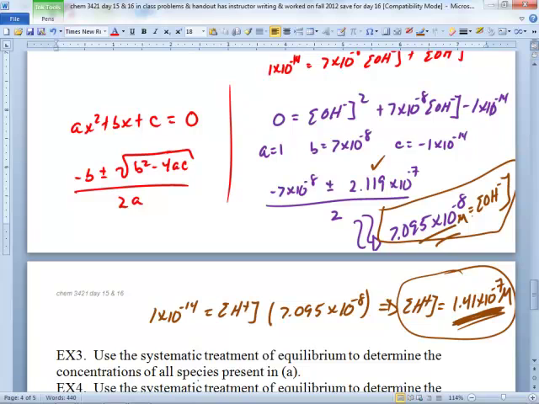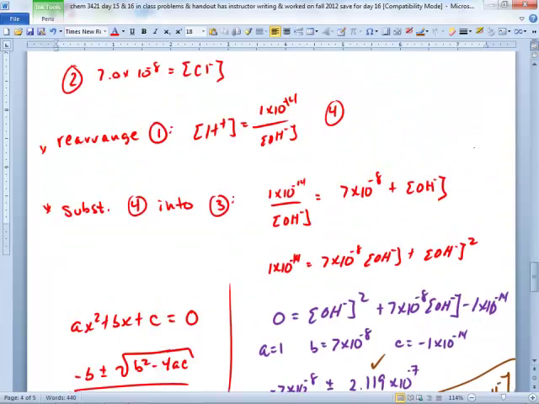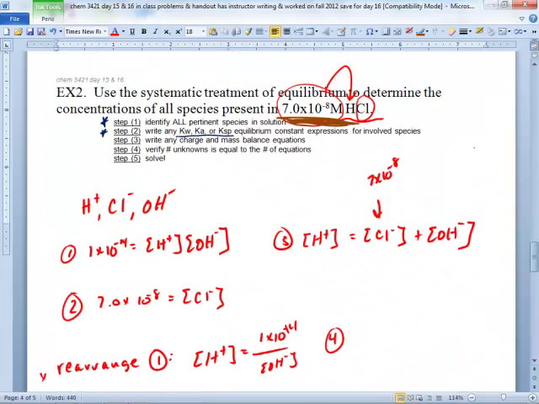I'm just worried about the word trace, because I can see homework questions and quiz questions coming up saying: find the pH of 7 times 10 to the negative 8 molar with and without systematic treatment of equilibrium, and give the pH to the thousandths place or something. So if your little trace thing won't give it to whatever place we're asking for, then you're out of luck. That's my only worry about trace.